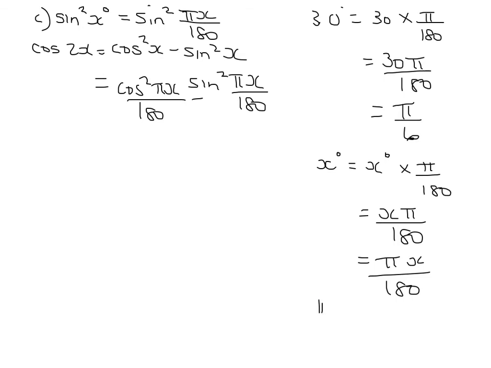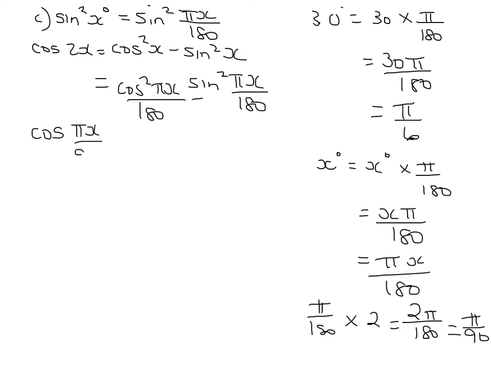If I double pi on 180, that means timesing it by 2, so it's 2 pi on 180, or pi on 90. Looks odd, but that's how we do it. So it's cos pi x on 90 equals cos squared pi x on 180 minus sine squared pi x on 180.